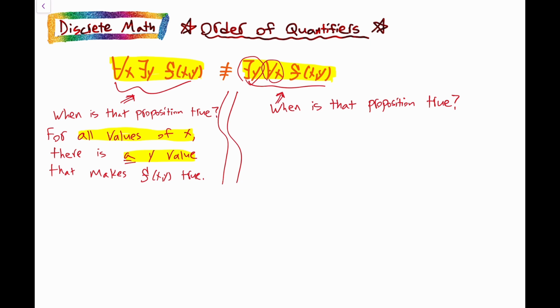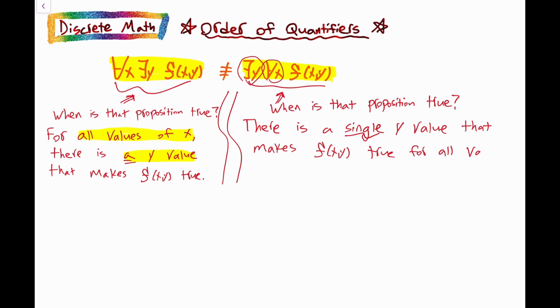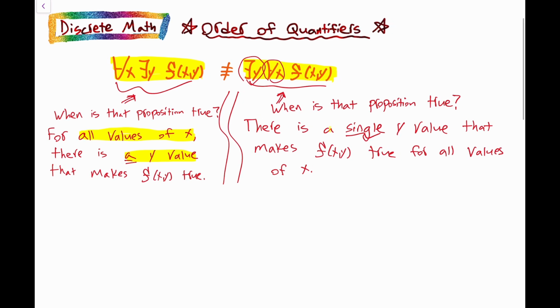In other words, there is a single y value that makes the function f of xy true for all values of x.